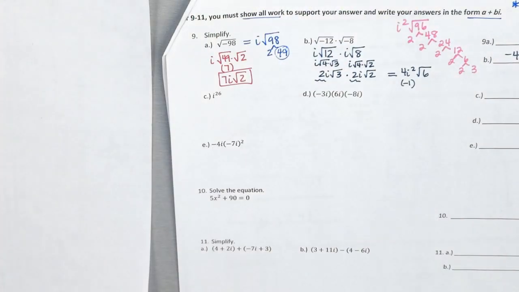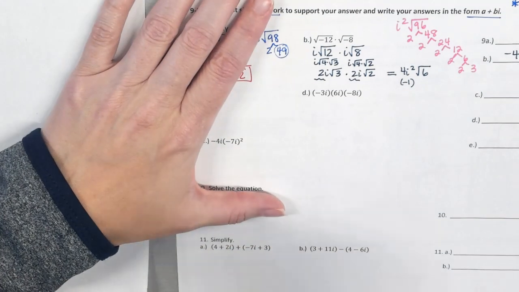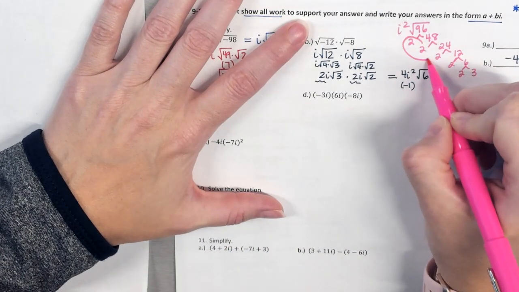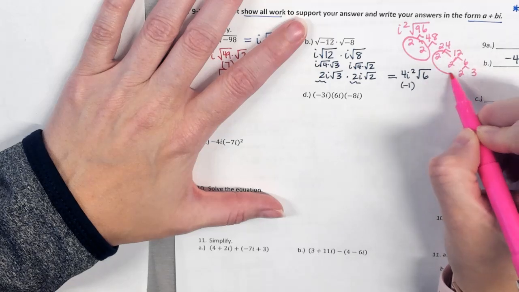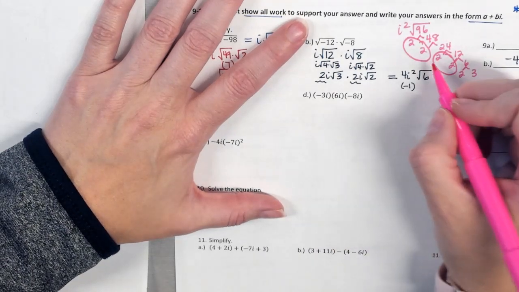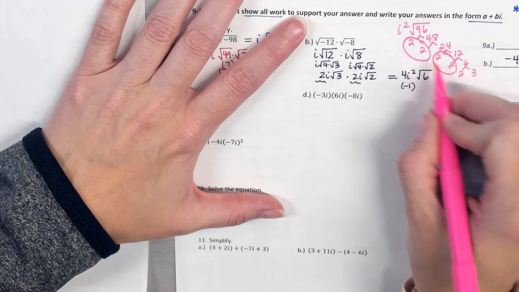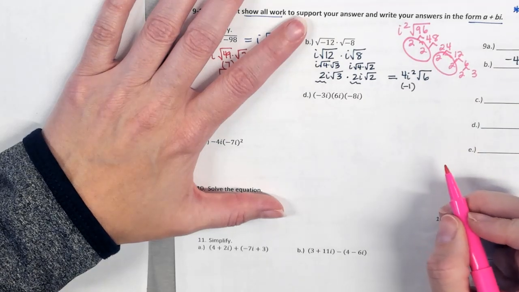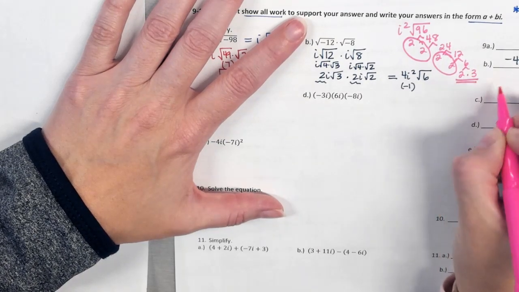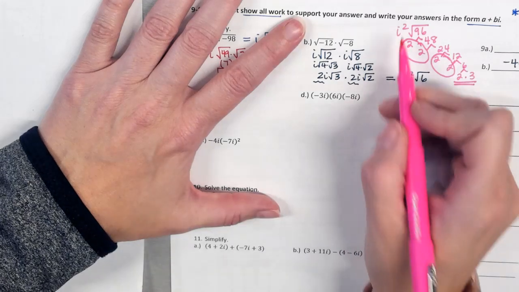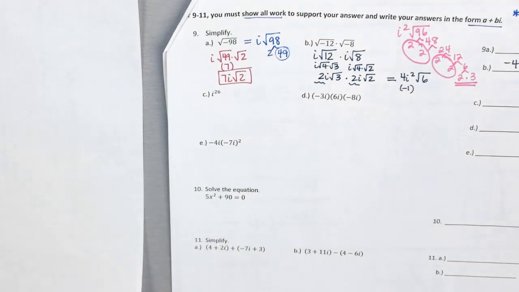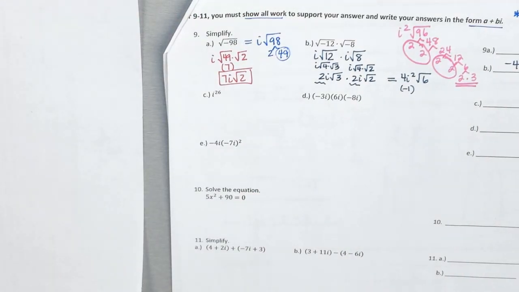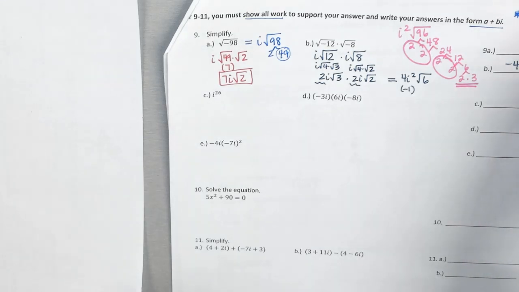Now the rule is, if you have a pair, they can come out. So I have 1 pair of 2s, 2 pair of 2s. So I would have on the outside 2 times 2, that's how you get the 4. Inside is 2 times 3, that's how you get the 6. And then the i squared turns into your negative 1. So there are multiple ways to do that and be successful.